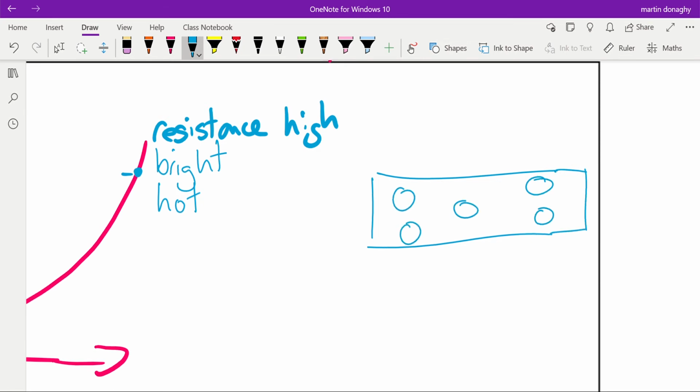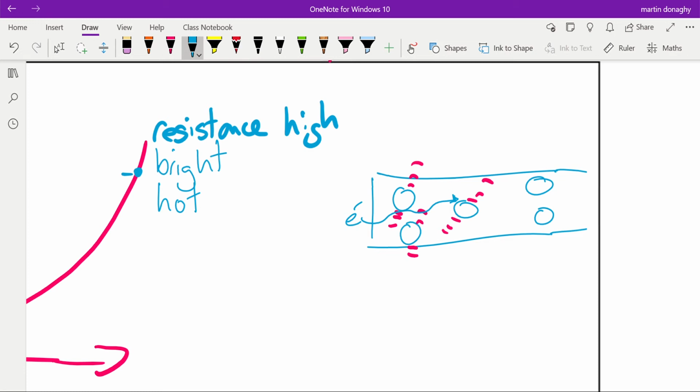okay, when it's cold, those particles don't move much. They hardly vibrate at all. However, as it heats up, these particles begin to vibrate. And if they're vibrating, it's harder for the electrons to pass by them without colliding. So when they're cold, it'll be quite easy for the electrons to get through. But when they're hot, it's much more likely that they're going to collide with the particles in that solid.